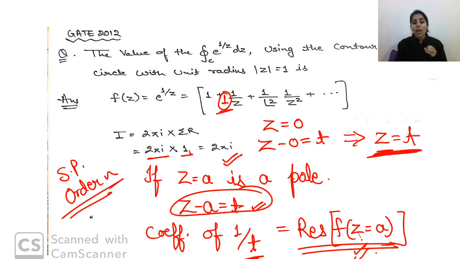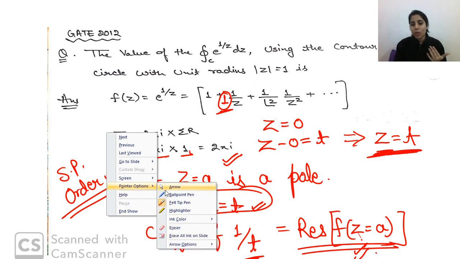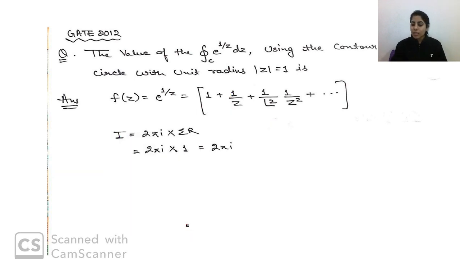Next time whenever you do this question, you will do it very quickly. Right now I have taken some time to discuss each and every step, why we are doing it in this manner and why we are taking this step, because I want you to have an idea of what the other possibilities are.